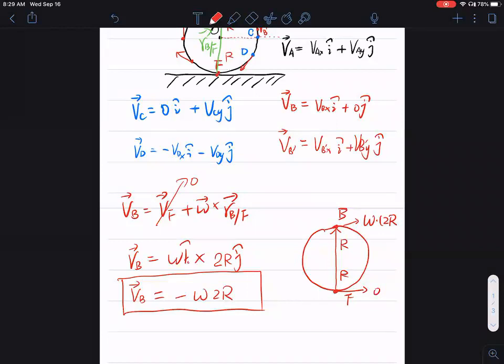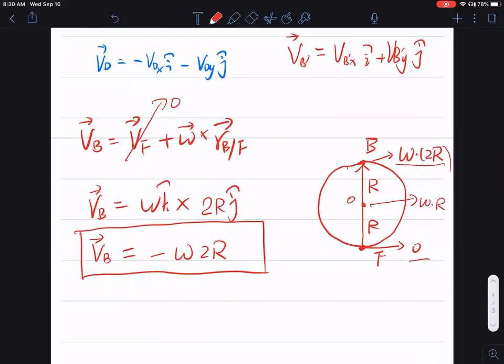Okay, can you guess? You don't need to do any calculation. What's the velocity at point O in the middle gonna be? This point is 0. On the top, we have omega times 2R. At point O here, the speed of point O is omega times R. Can you guys see that?